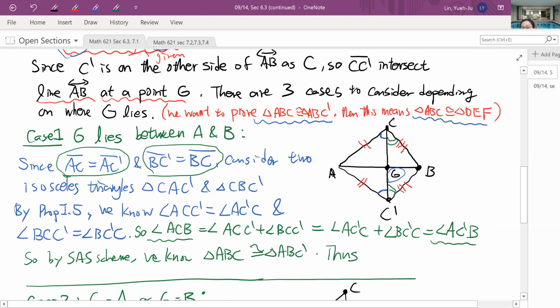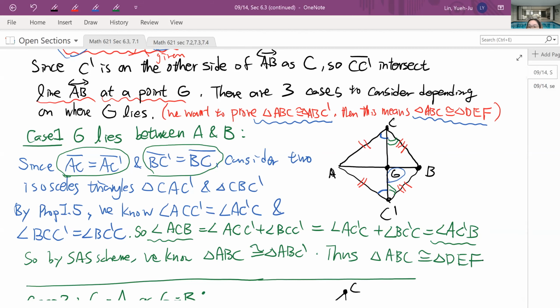But back then we already proved that ABC prime is congruent to DEF. So essentially you can conclude for this case that triangles ABC and DEF are congruent. You can see that it's not that bad at all. You just need to put up all the information you have here.